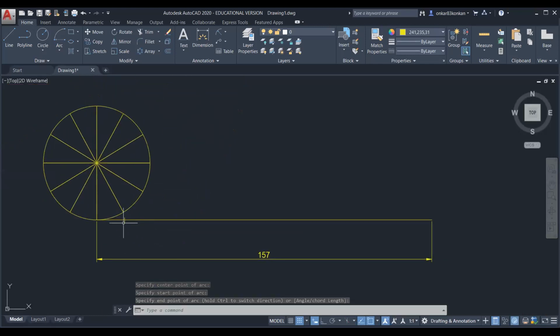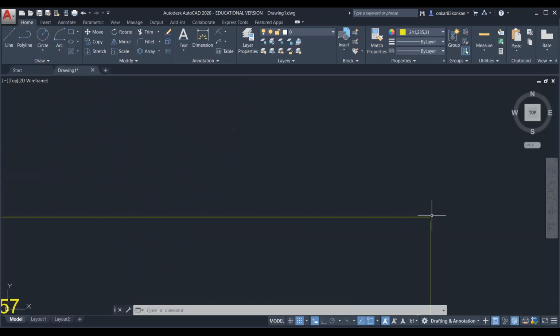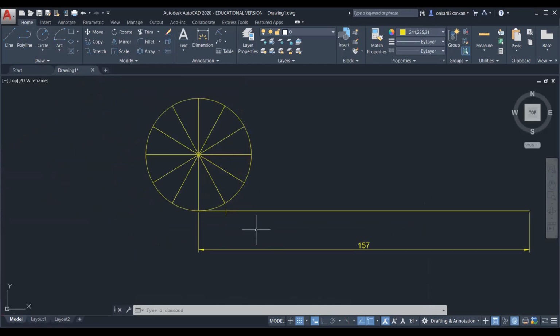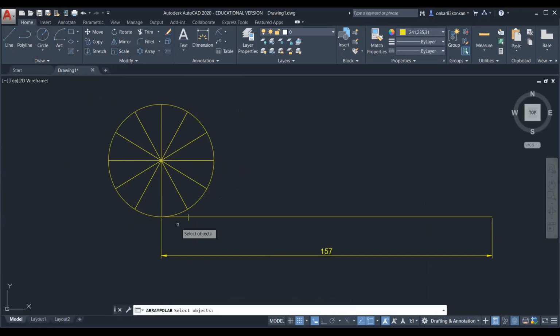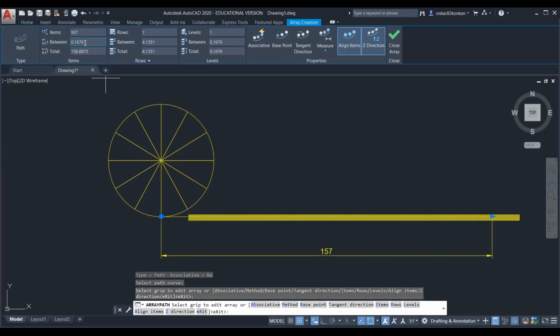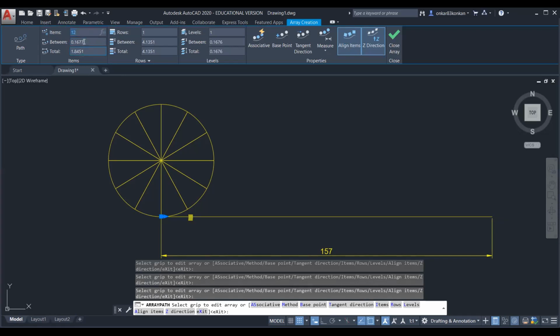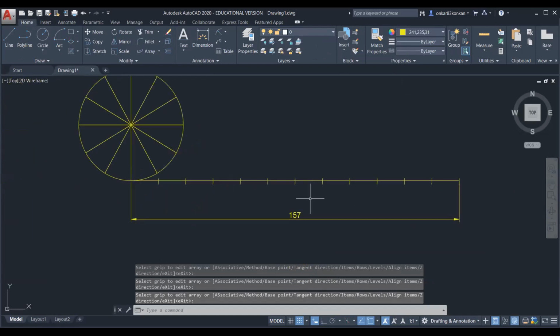So this is the first division. Similarly, draw the 12 arcs, so your final arc must be on the end point. In this way, you can divide the line into 12 equal divisions.